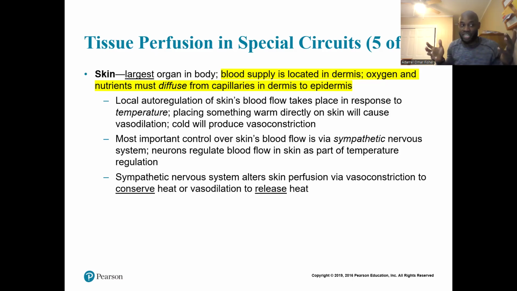If it's hot outside, nice summer day, more blood flow can go towards the surface of your skin. Heat radiates off your skin. You sweat and heat radiates off your skin and you cool down. So blood flow can change based on your body's temperature.